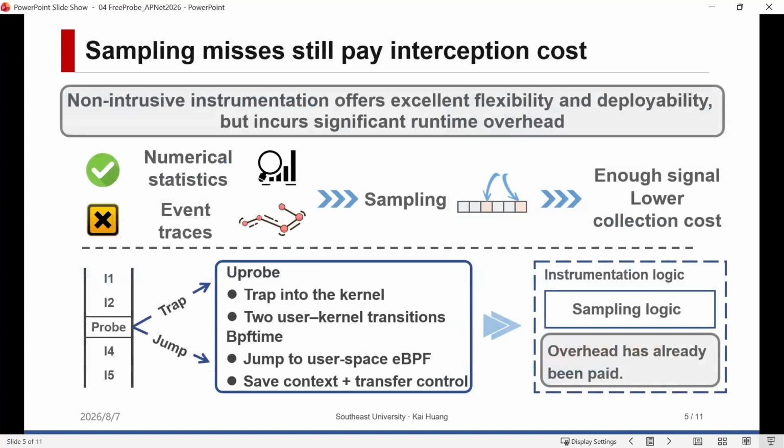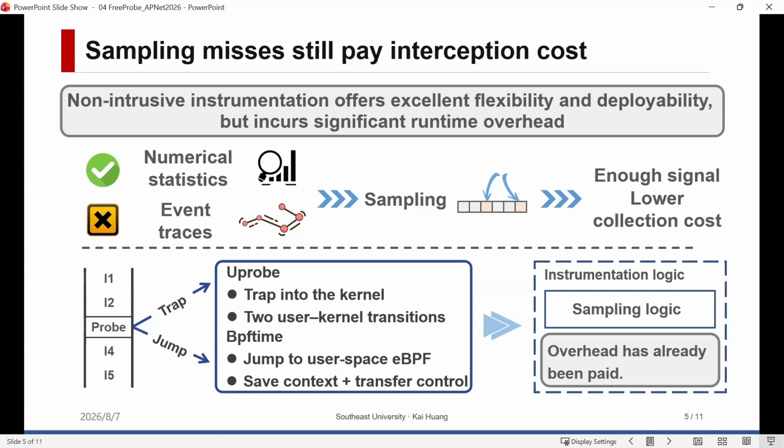Sampling appears to solve the overhead problem, but existing tools sample too late. With uprobe, we first trap into the kernel. With BPF time, we cross the user-kernel boundary, still jump to the user space runtime, and preserve the execution context.